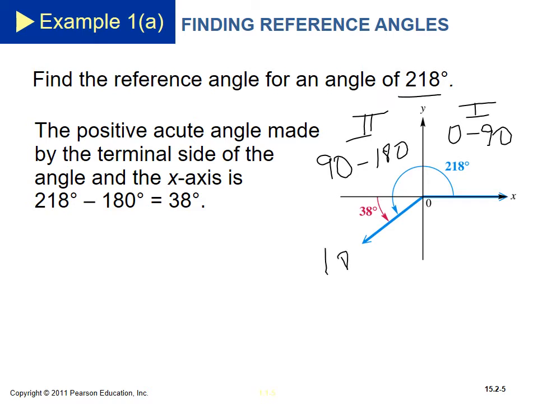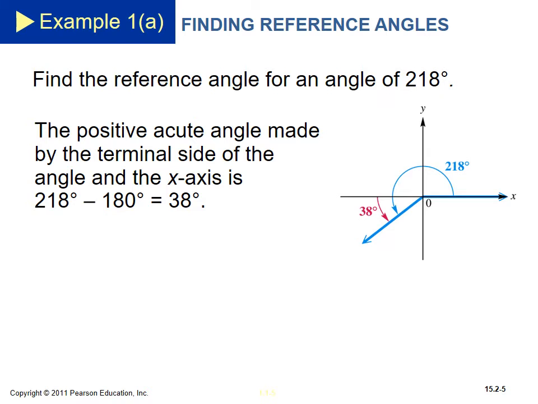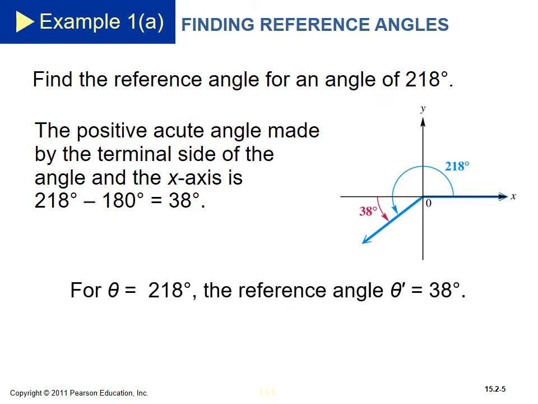From 180 to 270 is quadrant 3, and quadrant 4 is from 270 to 360. So this angle is greater than 180. To find our reference angle, we take 218 minus 180, and that gives us 38 degrees. So for theta 218, the reference angle theta prime is 38.